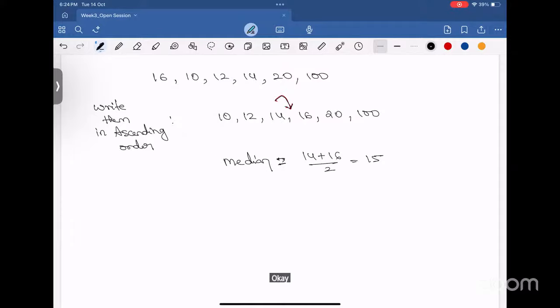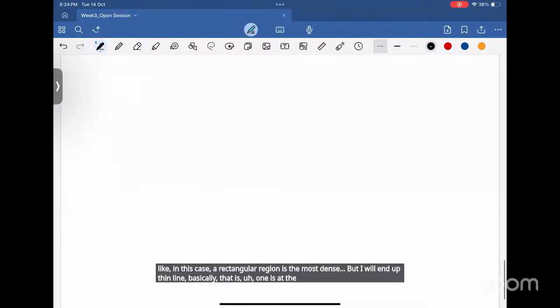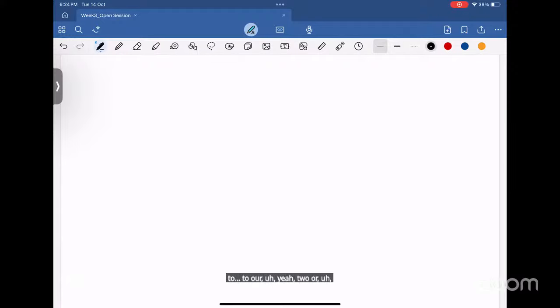That means in the box plot, the rectangular region is where the data is most dense, and the thin lines tell us the minimum value and the maximum value. A box plot actually gives us the five-number summary: minimum, Q1, median, Q3, and maximum.